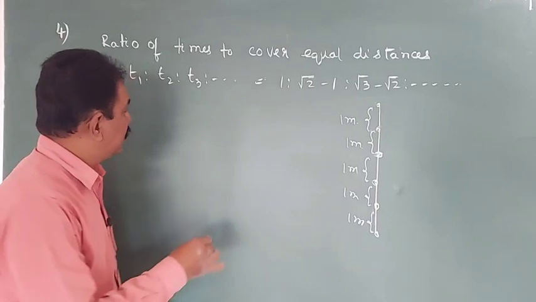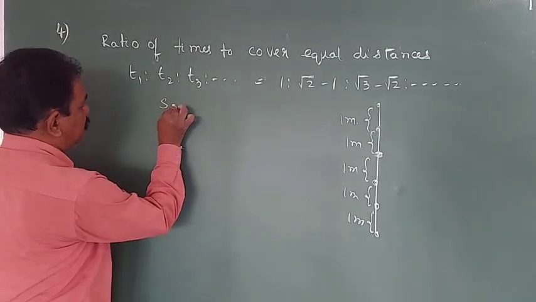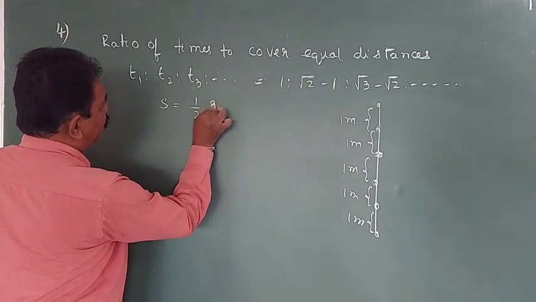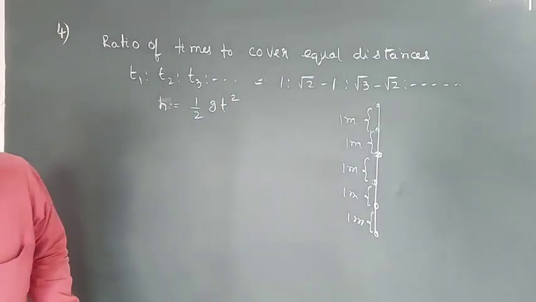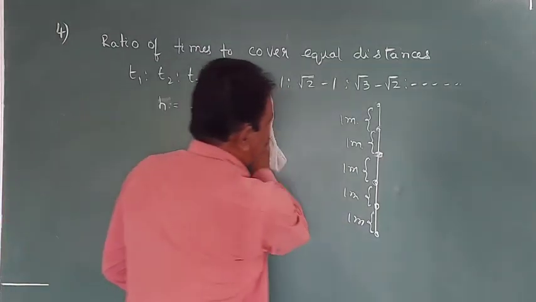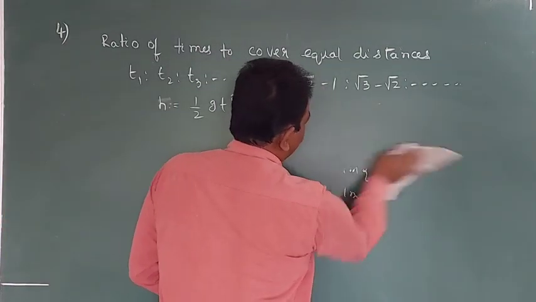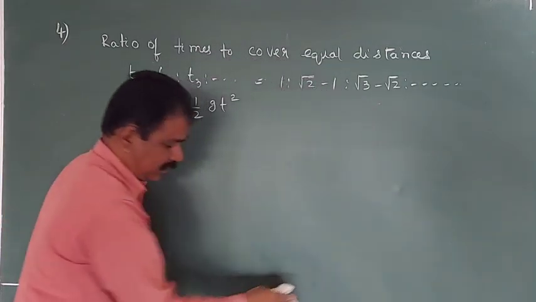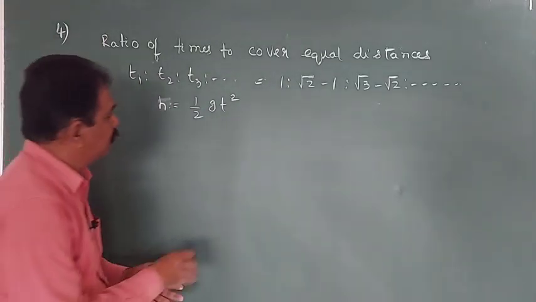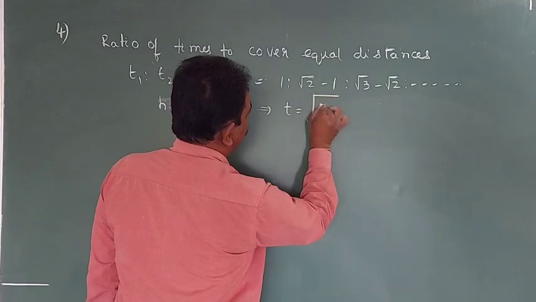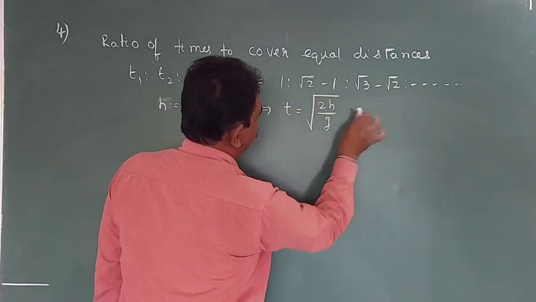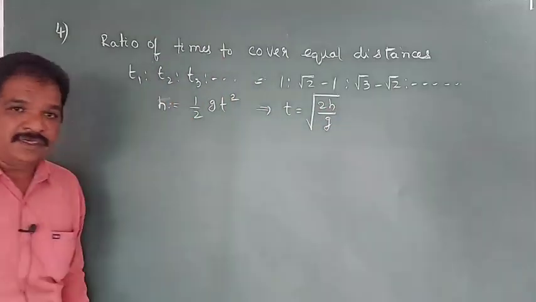Okay. Here S value will be equal to half g t square, S is h. Then from that we can write t is equal to root 2h by g. This is the time.